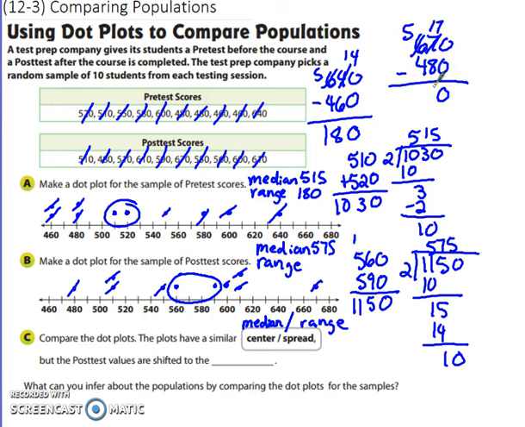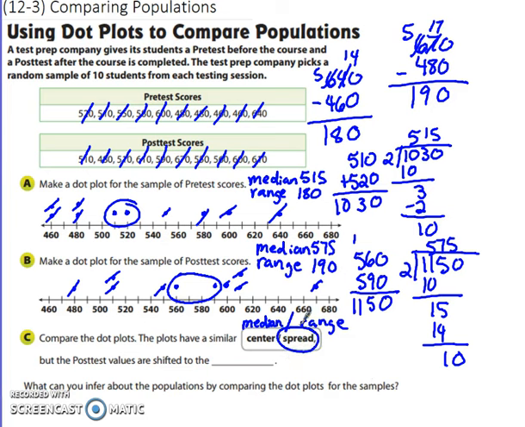So 17 minus 8 will get me 9. 190. All right, so if we're trying to see which one was more similar, I wouldn't say 515 and 575 are similar, but 180 and 190 are more similar. So we're going to say the spread.